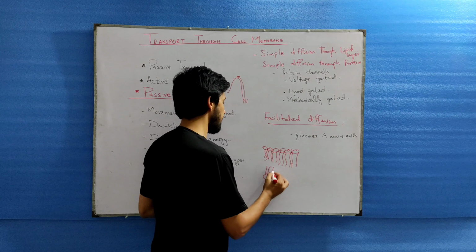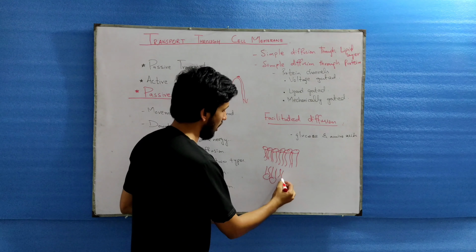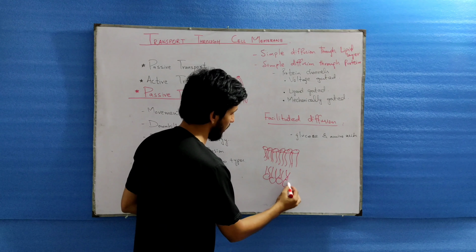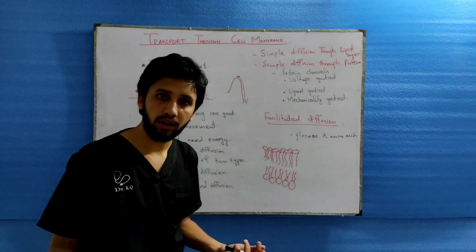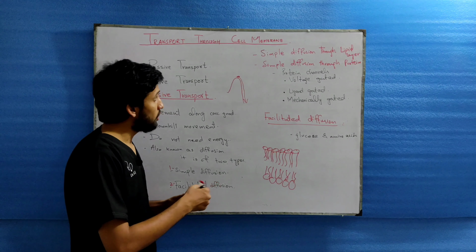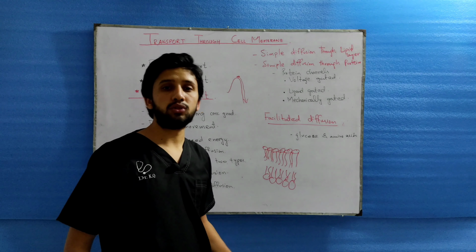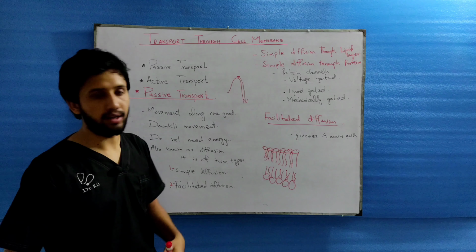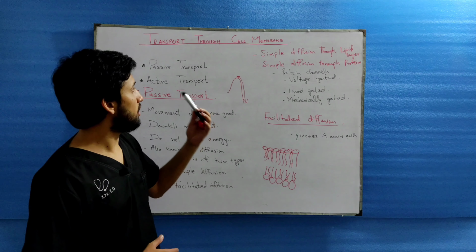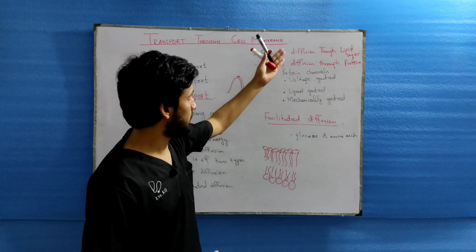So this simple diffusion through the lipid membrane occurs without any aid of a carrier molecule or a carrier transporter. So this is the lipid layer, so the substances which are lipid soluble can pass through this membrane, like alcohol, carbon dioxide, etc. These will pass through the membrane through the process of simple diffusion.